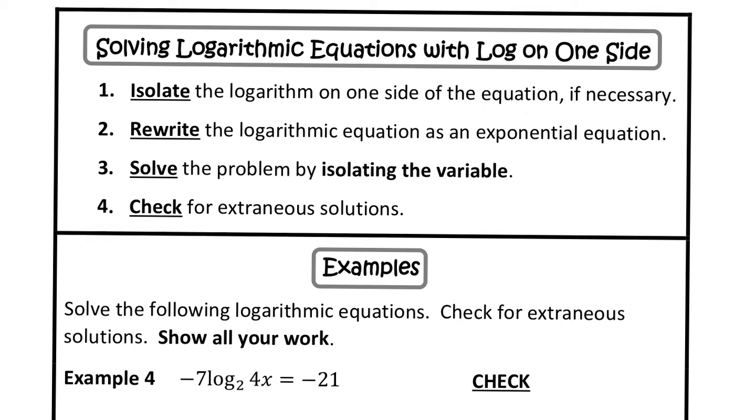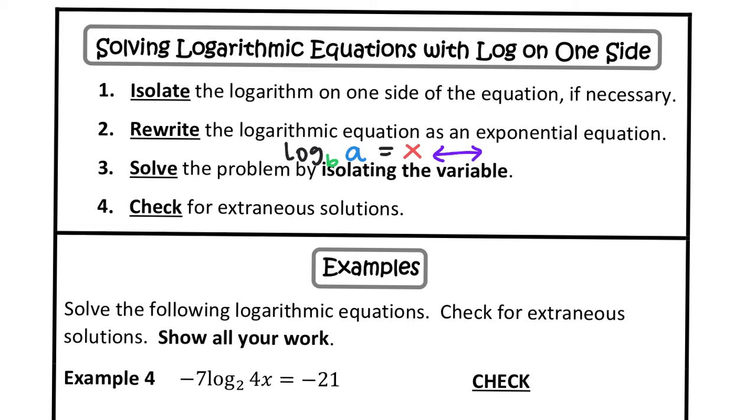Then we want to rewrite the logarithm into an exponential. If you remember when we would change a logarithm, we would have something like log base b of a equals x. This was our logarithm equation. And then we would change it into an exponential.